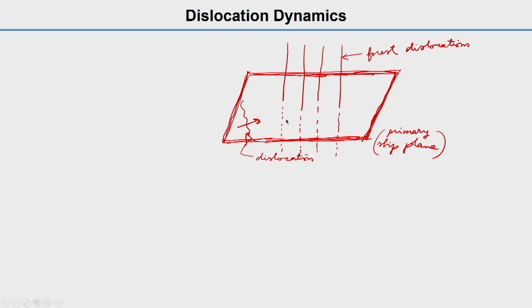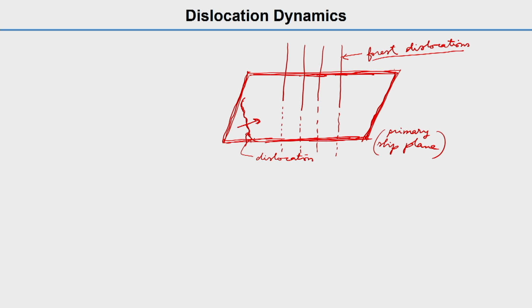The forest dislocations are perpendicular to the plane of the paper, whereas these other dislocation lines, as I told you earlier, may not be straight lines, so it can be like Maggi noodles.